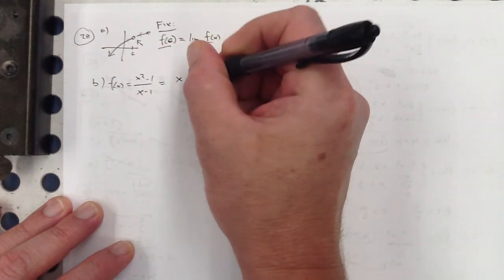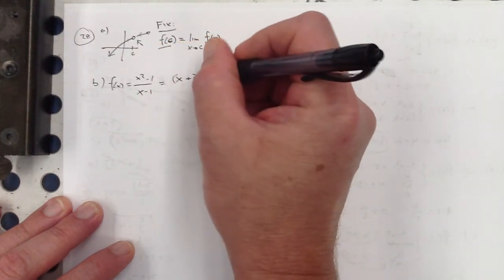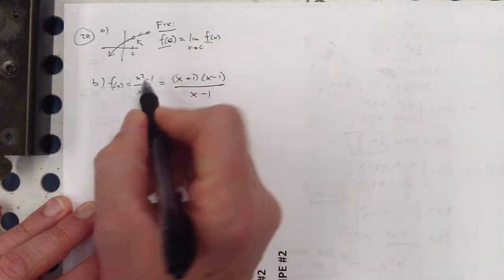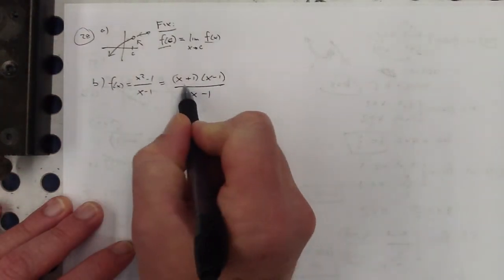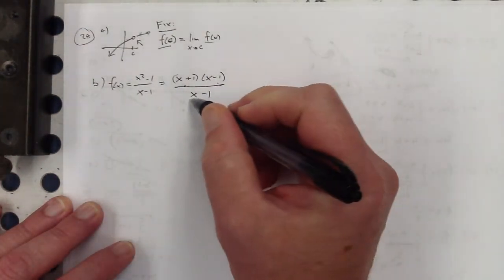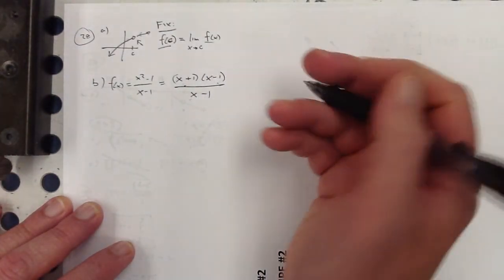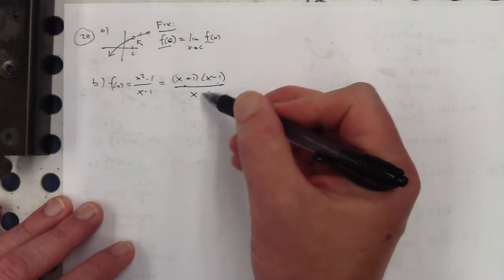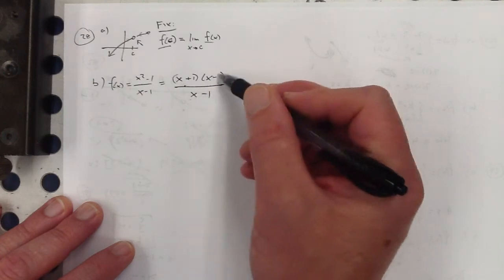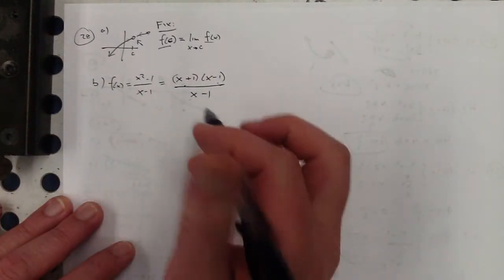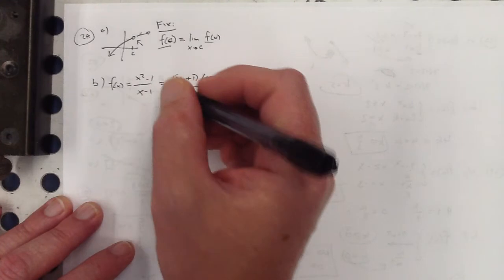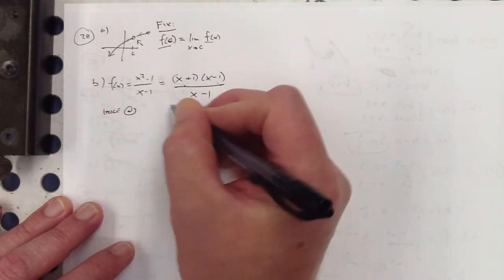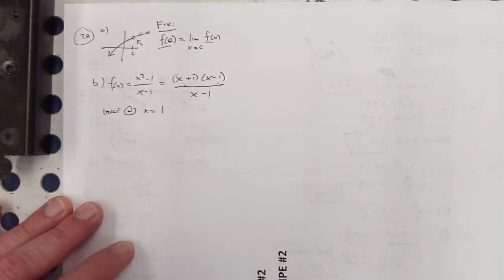Well, x squared minus 1 factors into x plus 1 times x minus 1, and these two things cancel out for all values of x except for x equals 1. When x equals 1, you get a 0 over 0. You can't do that. So that's where the hole is. The hole is at x equals 1.